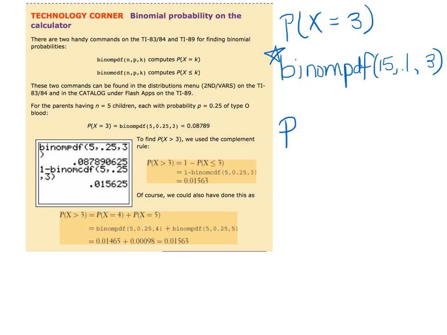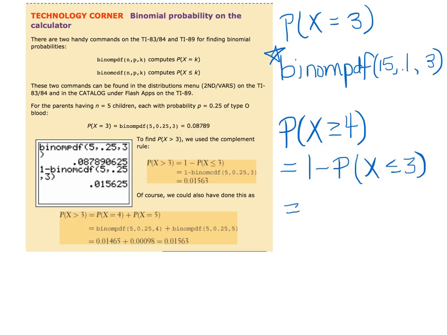In the next example, I was asked, would I be surprised to find 4 or more in the sample? So this is the probability that X is greater than or equal to 4. Notice that CDF only gives me less than or equal to. In the example, I had you change this to 1 minus the probability that X is less than or equal to 3.